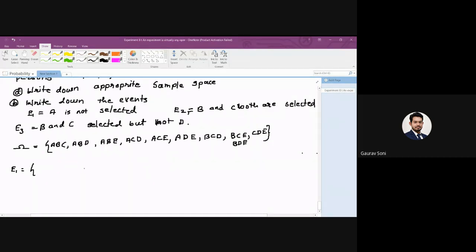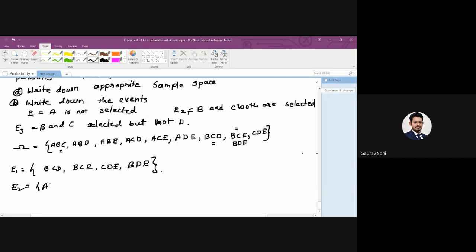So there are 4: B, C, D; B, C, E; C, D, E; and B, D, E. Then E2: B and C both are selected. So B and C both are selected, this one, this.